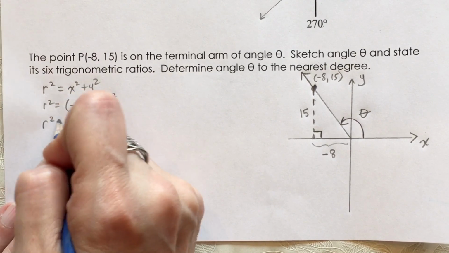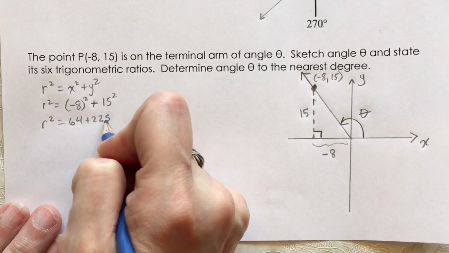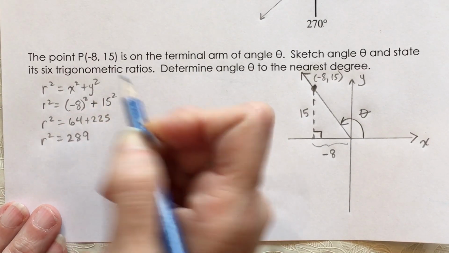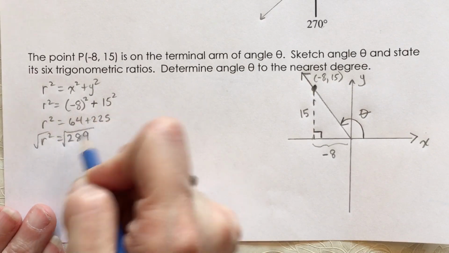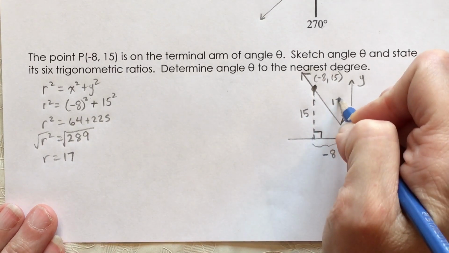So r squared equals 64 plus 225, which is 289, and then we square root 289, and that gives us 17. And remember, r is always positive. It doesn't matter which quadrant we're in, r is always positive.